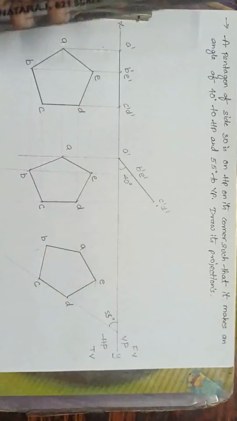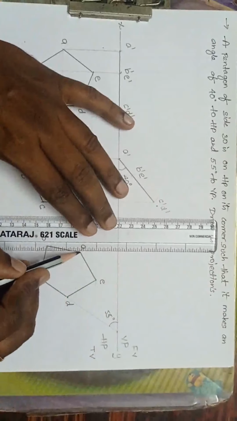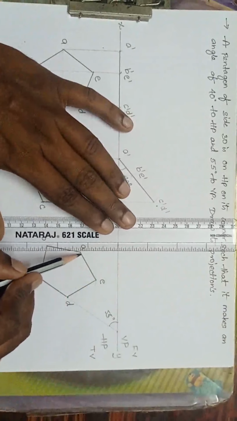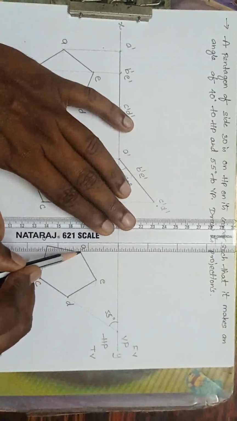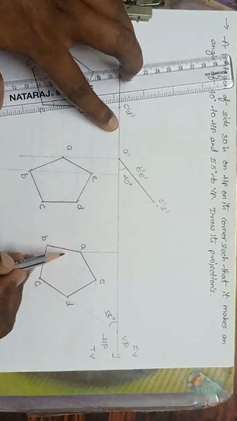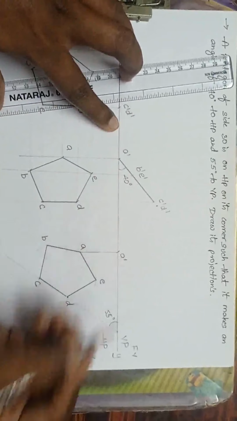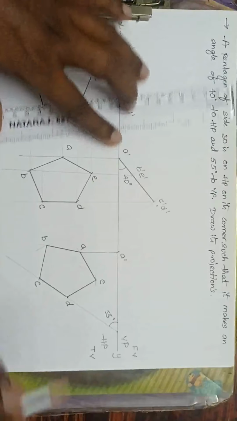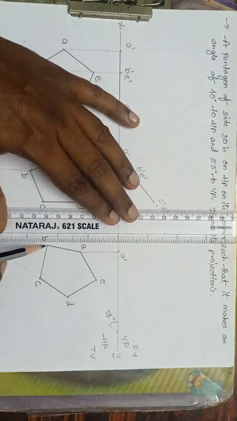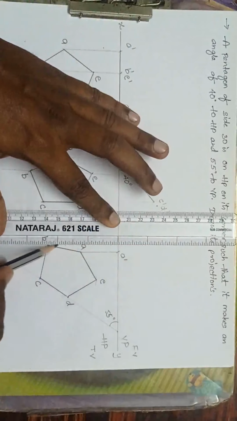Next what to do? Drop the perpendicular and parallel lines from each and every point. First I will use A. From A, drop the perpendicular line. Okay, you can do this with the help of a drafter very easily. This is A dash and this is A. Just join. This is A dash now. Done. From B, drop the perpendicular line.